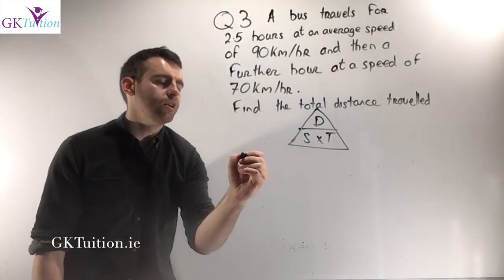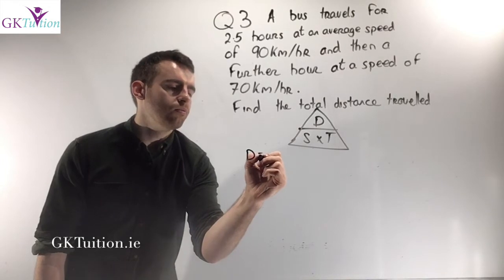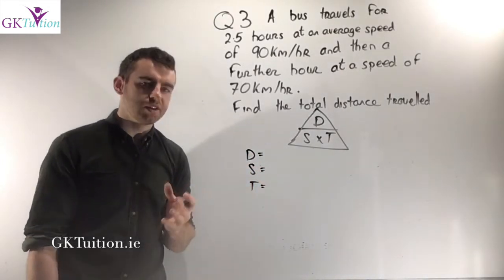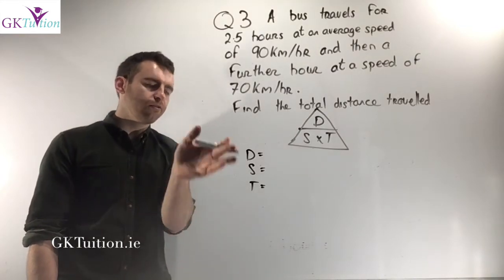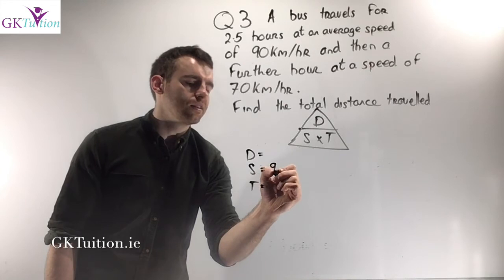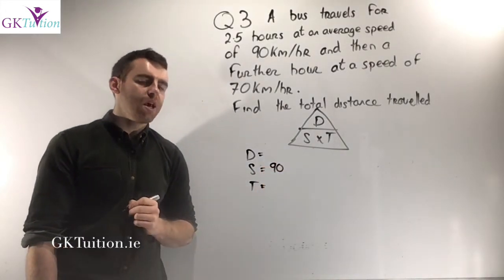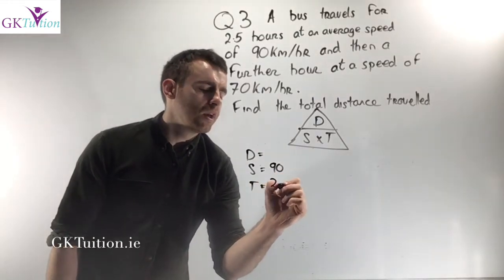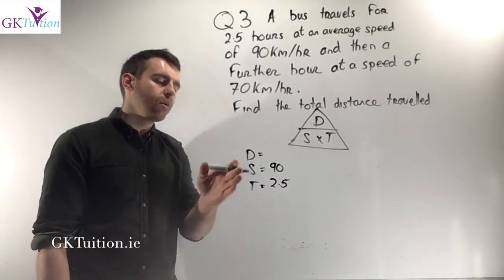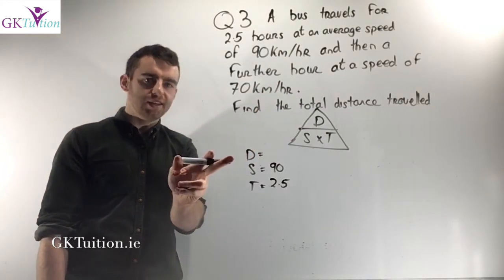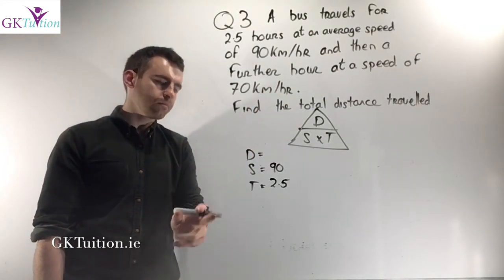I would always tell my students in these questions that you write out your D, your S and your T, and you write in the information that you know. For the first segment of this journey, I know that the speed he is travelling at is 90 kilometers per hour. And I know the length of time he spends travelling at 90 kilometers per hour is 2.5. So I know S and I know T, which means I can use this triangle to find D, the distance travelled.